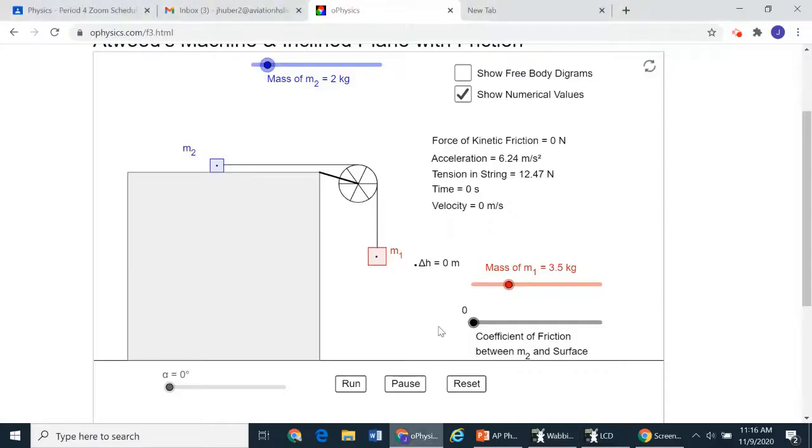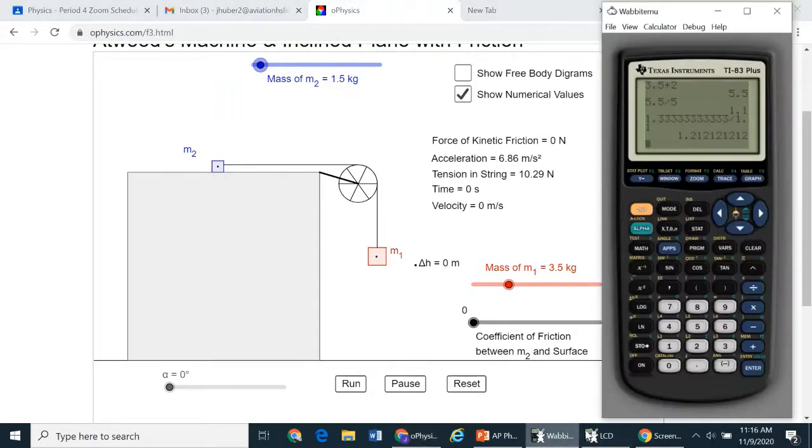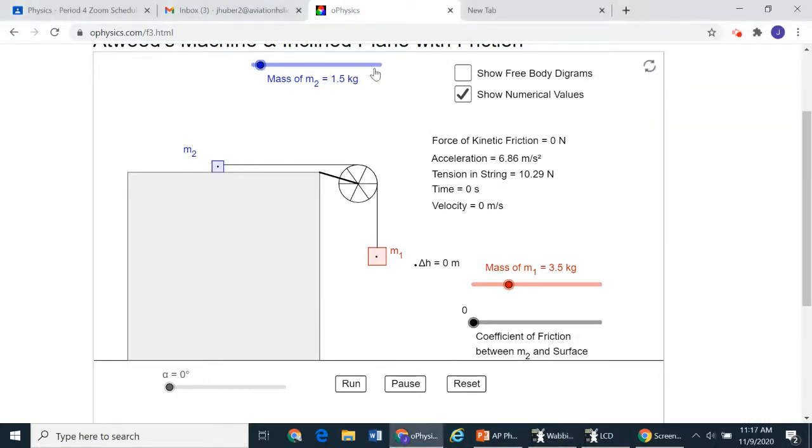And notice the original tension was 10.29. If we take 10.29 times that number, then we get 12.47. And notice when we increased the mass to 2, we got 12.47.